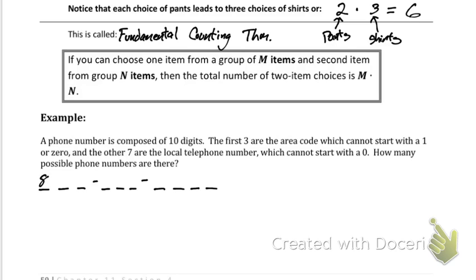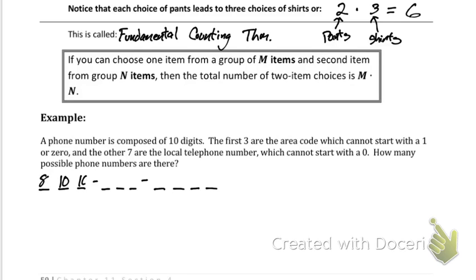It can't be a 10, turns out. You can't put a 10 in one digit. So there's 8 possibilities. I highly suggest you count things with fingers if you're not 100% certain how many there are. Well, after that, the next 2 can be any number you want. So they can be 0, 1, 2, 3, 4, 5, 6, 7, 8, 9. So I have 10 possibilities for the next one.